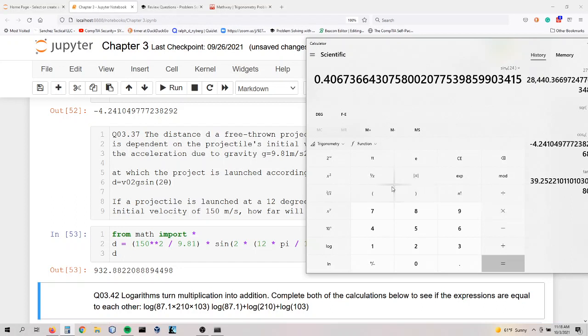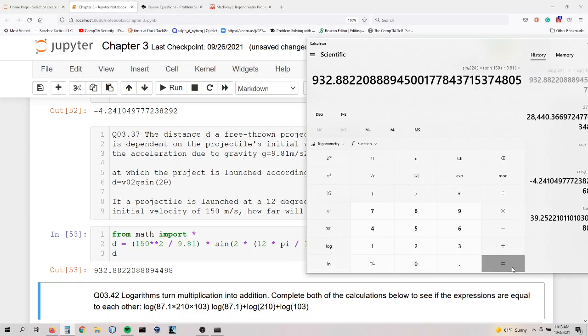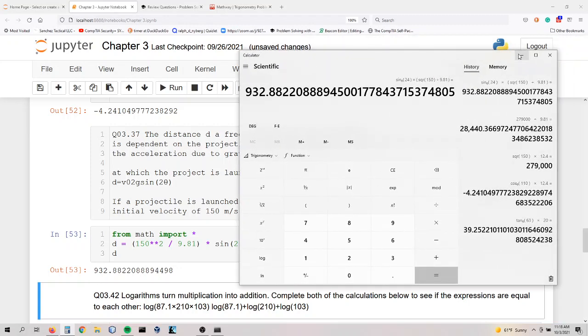Now we're going to times, let me put a parentheses here, 150, square that, then divide by 9.81. Close my brackets. Okay, 932.8822. Perfect. We're getting the same answer on the calculator.